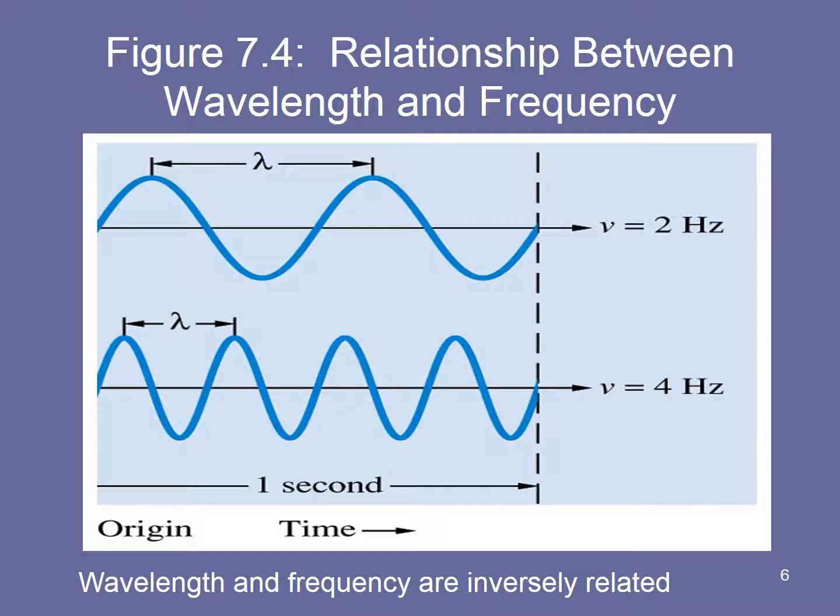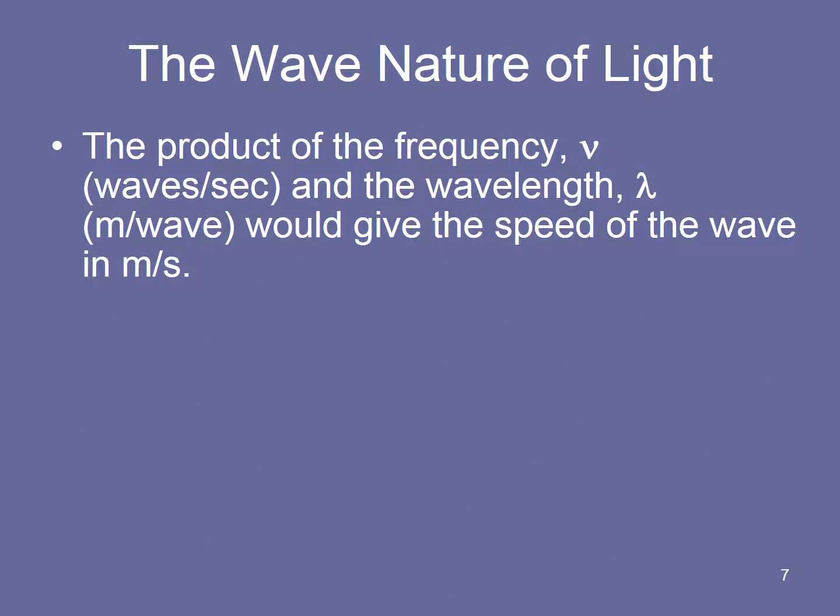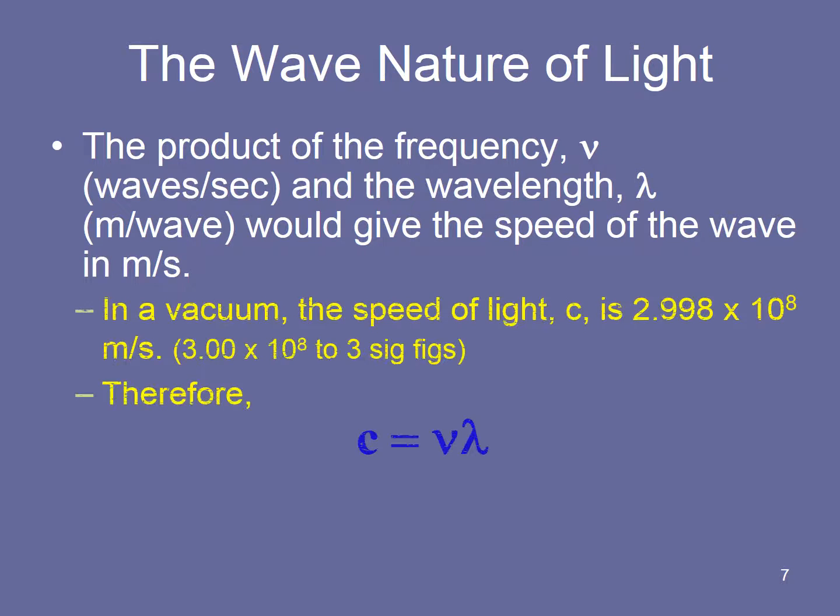You can see here that wavelength and frequency are inversely related. As the wavelength gets shorter, the frequency gets higher. In an inverse relationship, the product of the frequency times the wavelength equals a constant. And in this instance, the constant is the speed of the wave, which we're going to use as the speed of light.